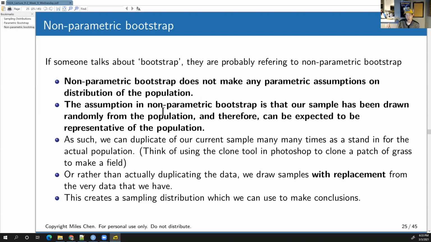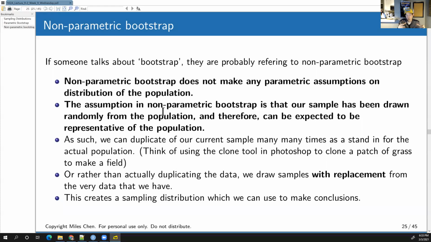We're going to be doing sampling with replacement. From a computational standpoint, you don't actually have to take the sample and duplicate it millions of times to create your big population. You can get the equivalent by just taking your sample and sampling it with replacement.